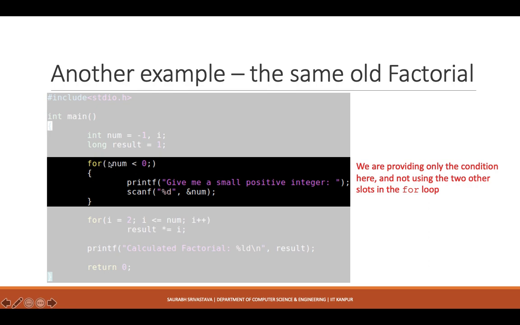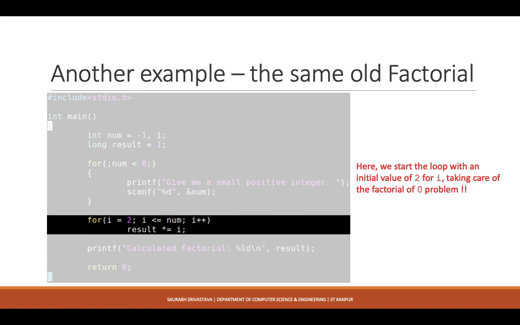I'm not using the initialization slot, I'm not using the update slot, I'm just using the condition slot here. As I said, it is also possible to remove this as well, but then I'll need to put some mechanism here to break out of the loop. That, as I said, we'll discuss in the next lecture.